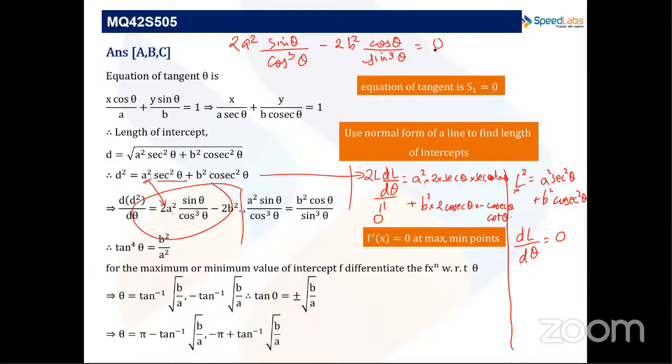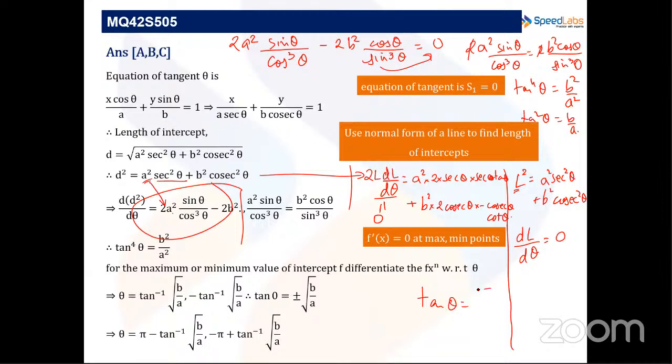So from this, taking the negative term to the other side, we have 2a square sine theta upon cos cube theta equals 2b square cos theta upon sine cube theta. So 2 will get cancelled out. We will get tan to the power 4 theta equals b square by a square, that is tan square theta equals b by a. So tan theta will be equal to plus or minus root b by a.